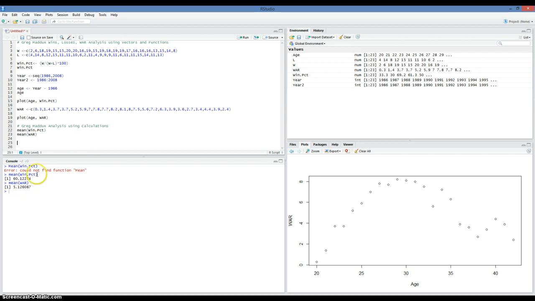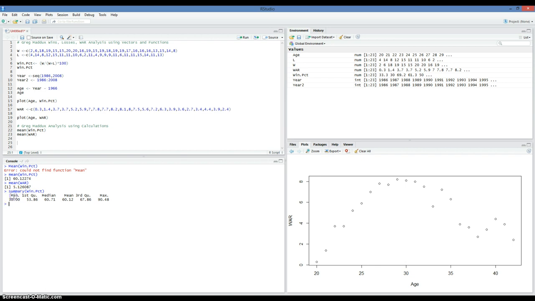But there are other ways that you can do this. One of them is you can find the mean and many other statistics by simply doing summary. Summary is a function that will output a summary of your vector.